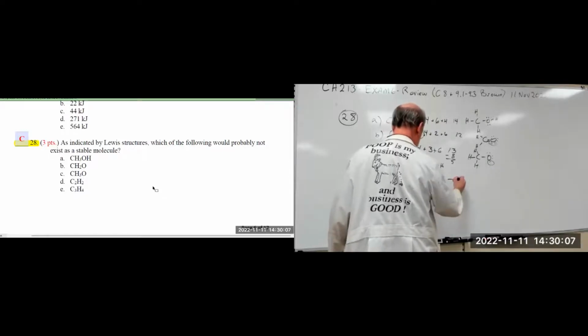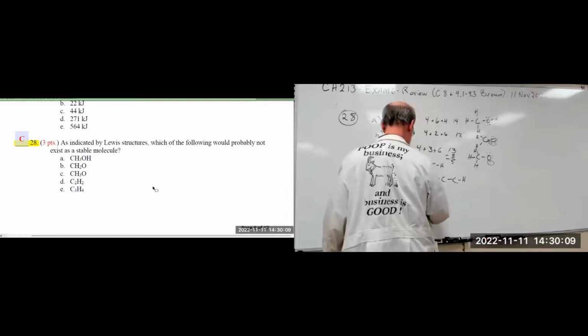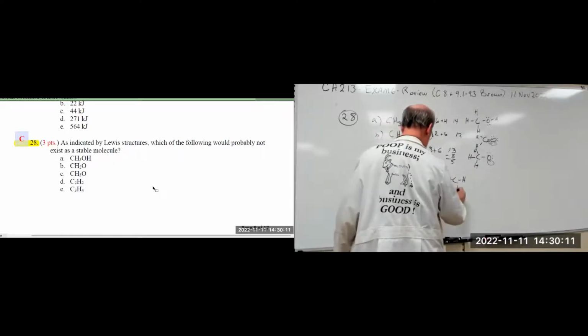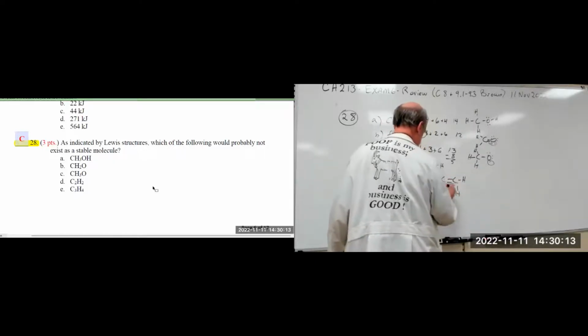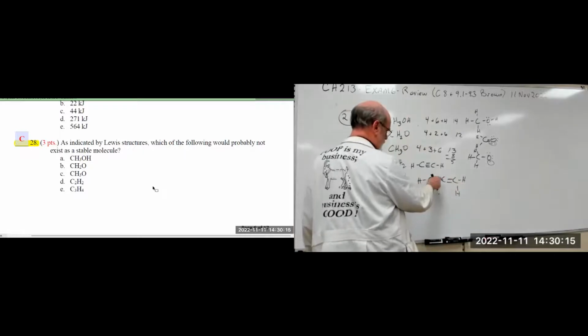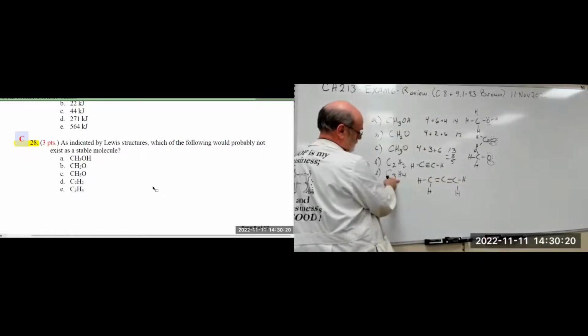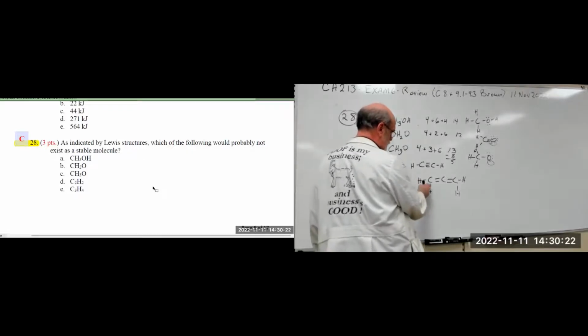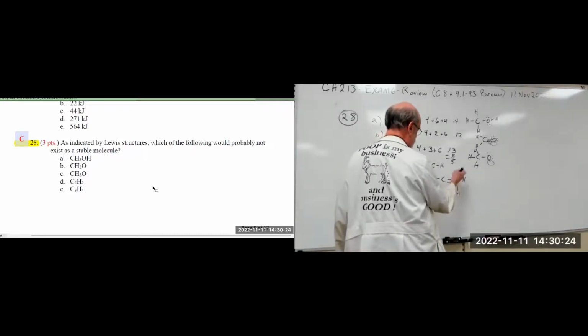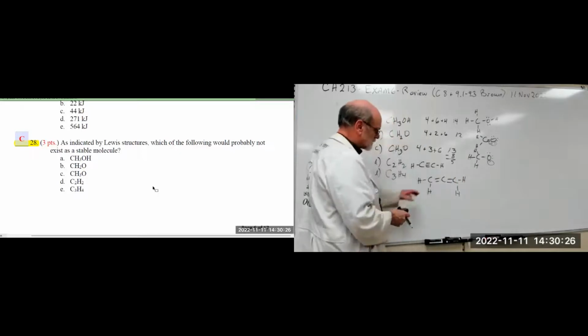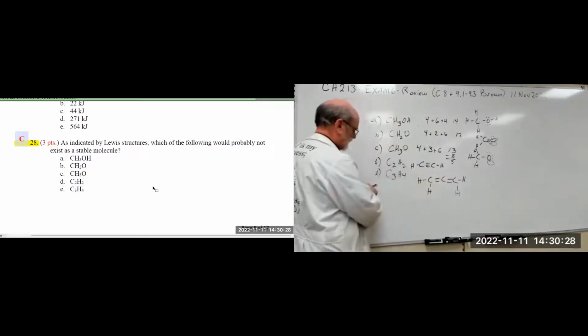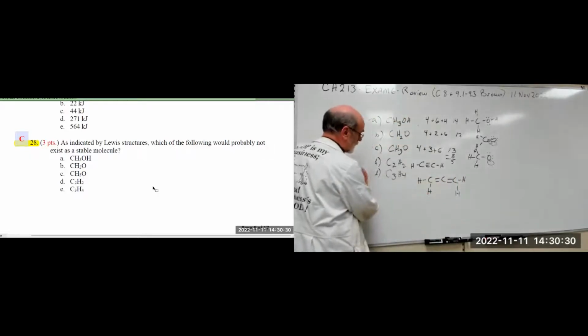Hydrogen here, hydrogen here, hydrogen there, hydrogen there. It's probably like that. 12 and 4 is 16. 2, 4, 6, 8, 10, 12, 14, 16. That's it. So it has 2 double bonds in the middle. And that's a fairly stable molecule.